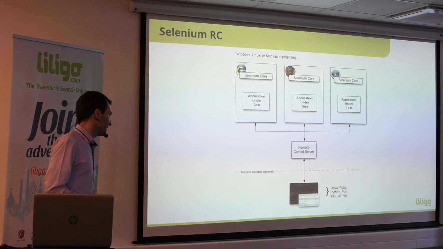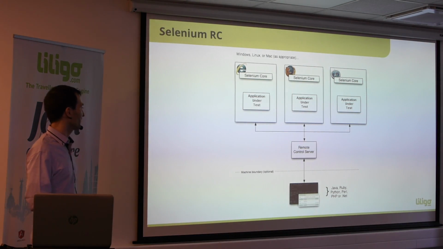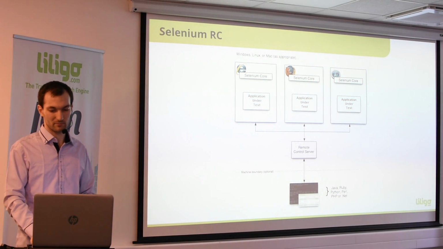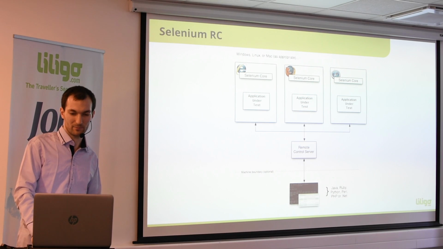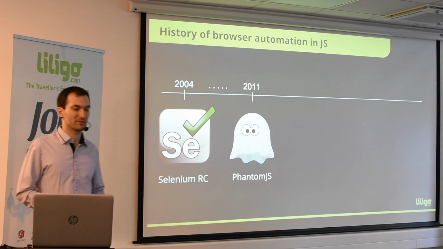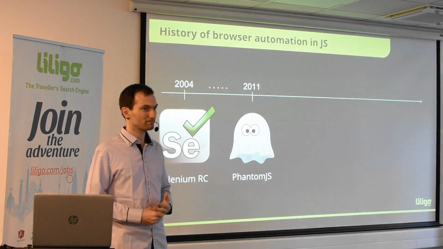Now, at this point, we didn't have a JavaScript binding for it, but libraries were available in multiple languages. Now let's jump over some years to the release of PhantomJS.